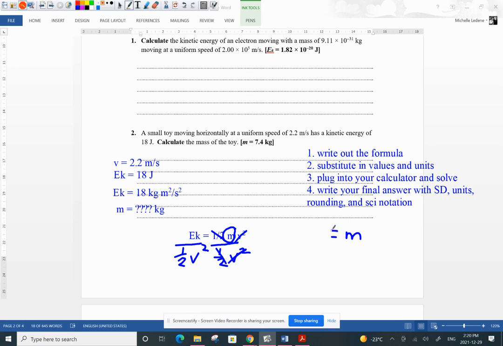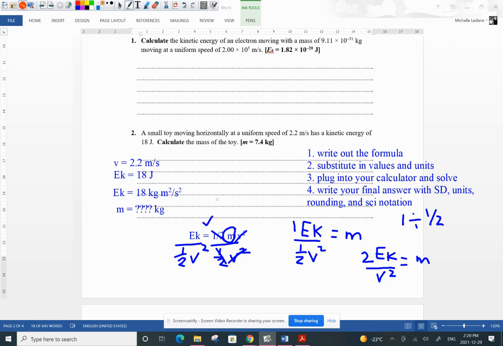I canceled everything except mass. So I'm left with EK divided by 1/2 v squared. And again, to make your calculations easy, this is the same as saying 1 divided by 1/2, and 1 divided by 1/2 is 2, so 2 times EK divided by v squared is equal to mass. Now that we've got our formula, so that took a while, right?